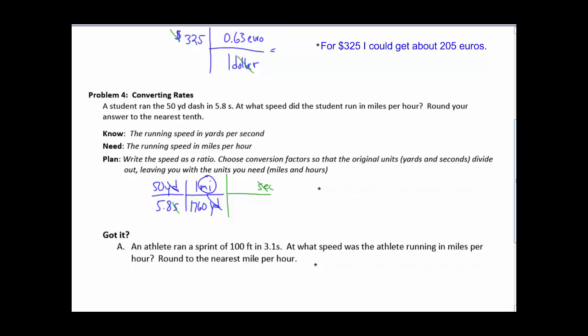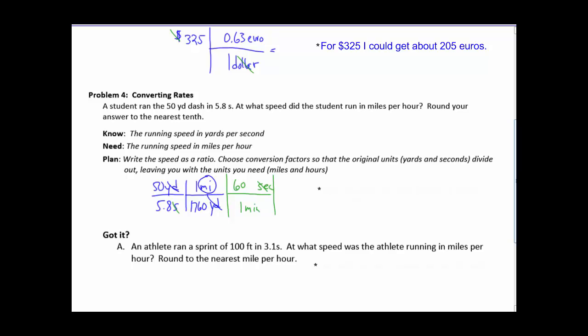Well, the first conversion we can do is, we know hours deals with minutes, so we can look at there being 60 minutes in an hour, and then we can go, wait a minute. In a minute, there's 60 seconds. So let's start there. There are 60 seconds in 1 minute.